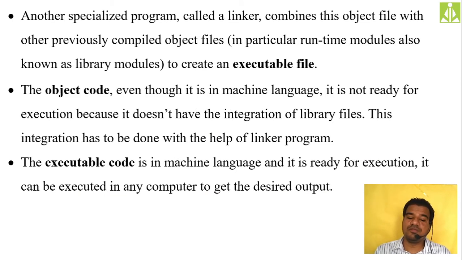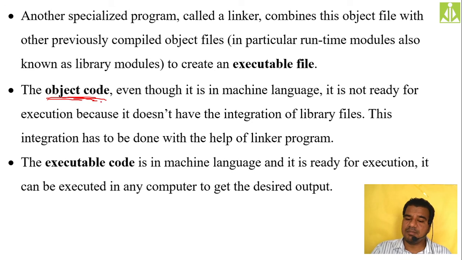The object code, even though it is in machine language, it is not ready for execution. Whereas the executable code, it is in machine language and it is ready for execution. So object code, you have to remember this one. Object code, it is in machine language because it is the output of the compiler.